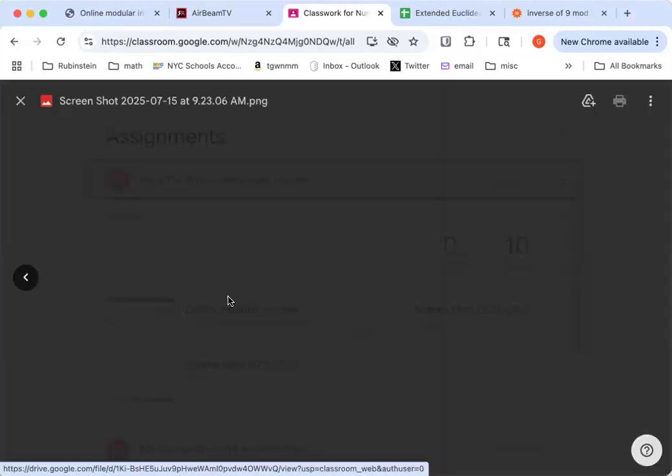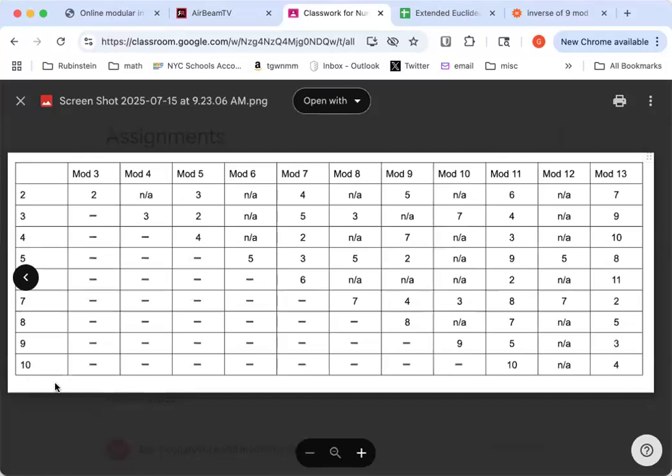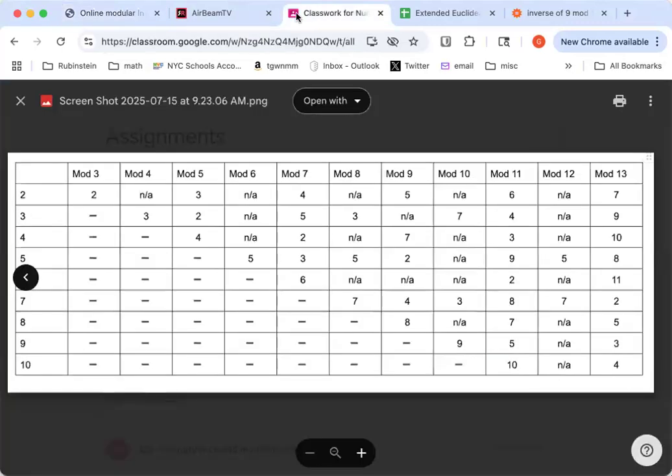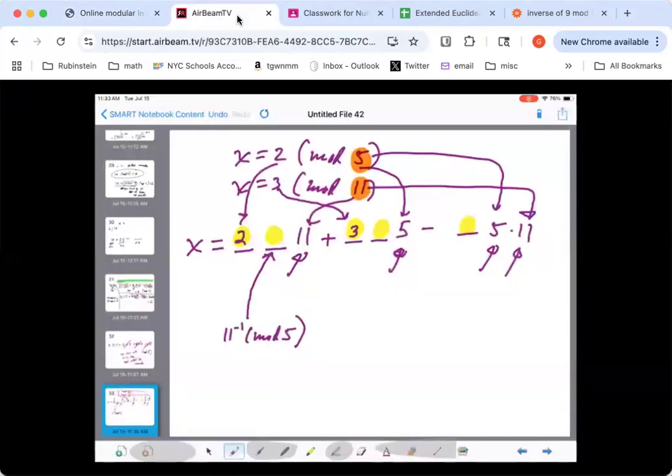I purposely chose one that I thought was all good, but I don't have the column, I don't have the row there. So instead of heading over to my trusty table, I'll head over to my trusty calculator. Of course, 11 inverse mod 5 is 1, because 11 divided by 5 has remainder 1. So let me come over here. That's because 1 times 11 is congruent to 1 mod 5.